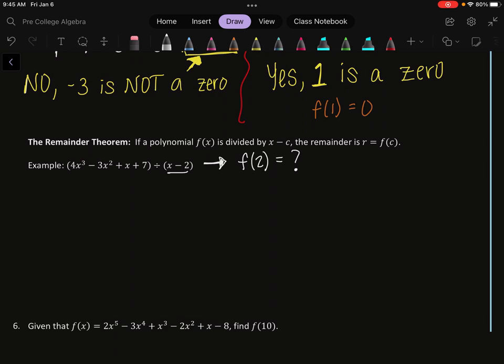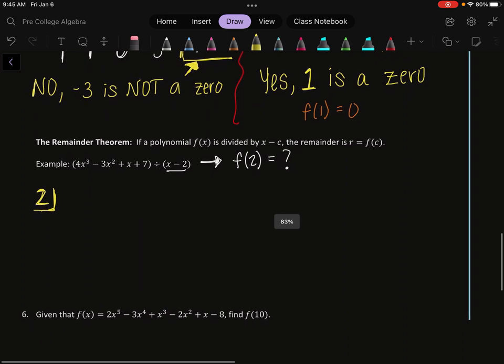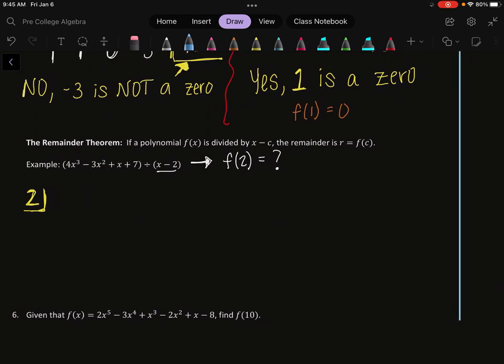Well, let's synthetically divide. We have 2 inside of our box up here. Then we write out the coefficients. This isn't the same one as above, right? No, okay. Still is 4x cubed. So then we have 4, negative 3, 1, 7.